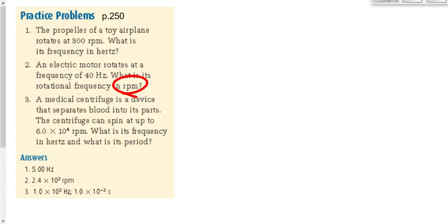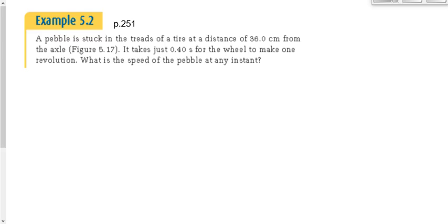We want to work in rotations or revolutions per second, or hertz. So if we have RPMs, we're going to divide by 60 to get hertz, revolutions per second. Or if we have hertz and we want a final answer in RPM, then we're going to multiply it by 60 to get the number of rotations or revolutions per minute.